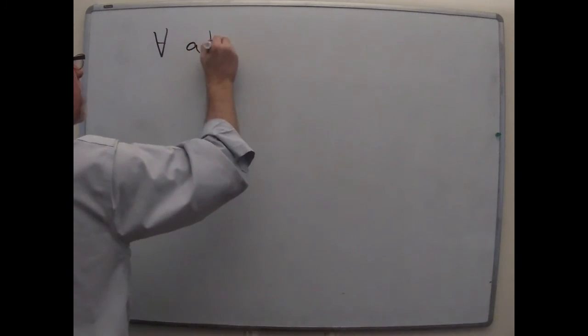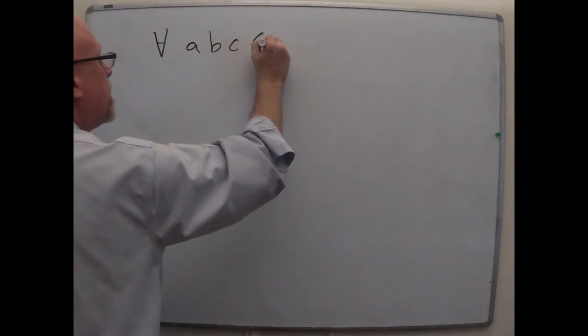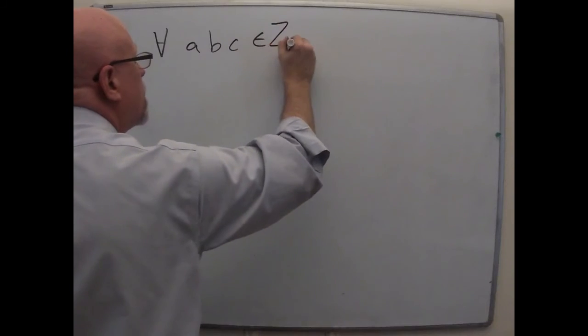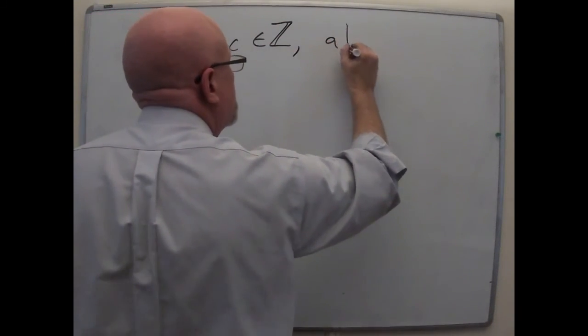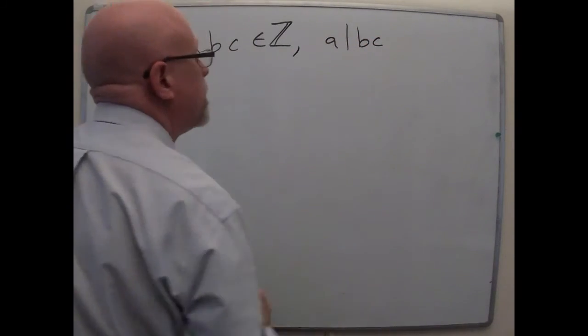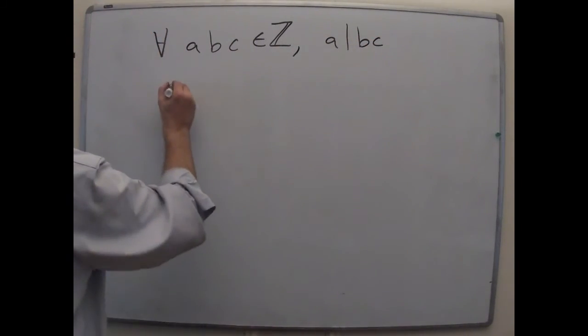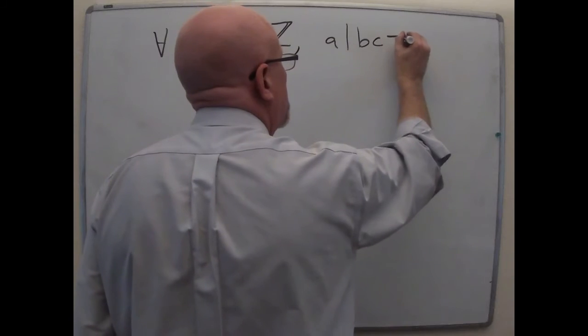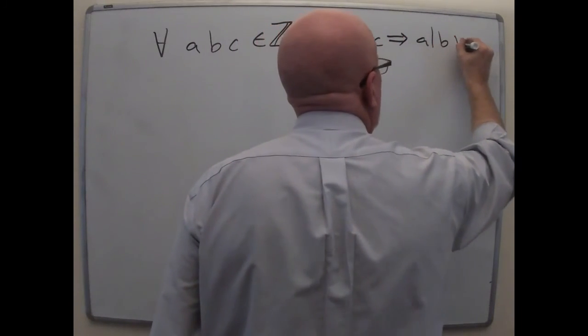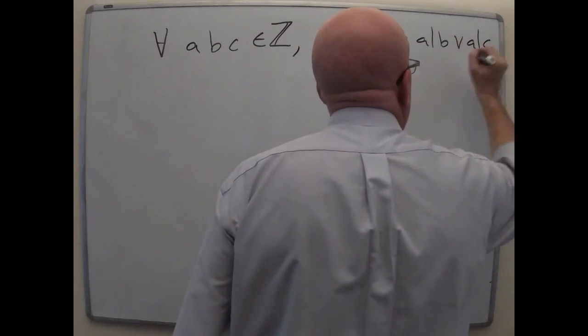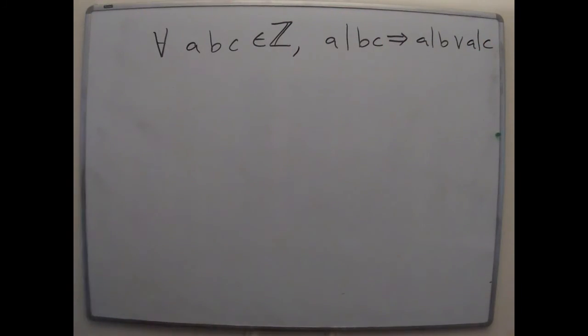For all A, B, and C in the integers, if A divides into the product of B and C, then it divides into one or the other. That seems to make sense.